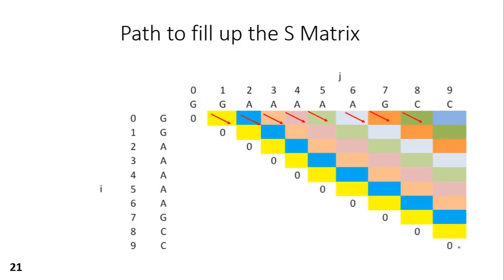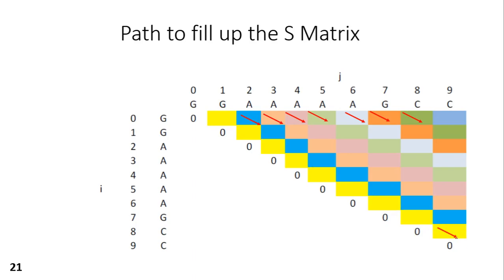You would begin with the first column that is adjacent to your main diagonal, and then proceed diagonally till you reach the end of your S matrix. That means you would populate this box first, then proceed towards this box, then this box, and in this way you would move diagonally to populate your first diagonal.